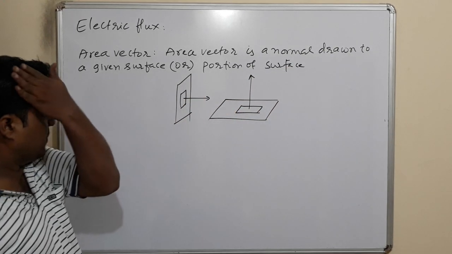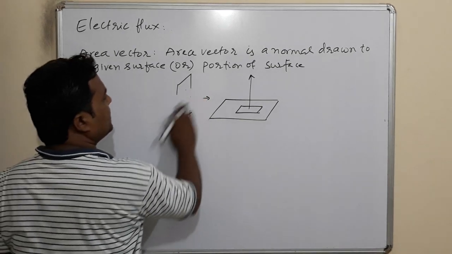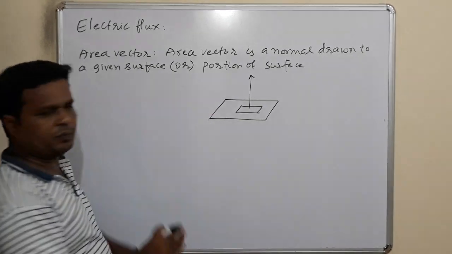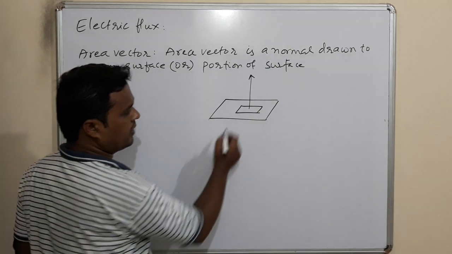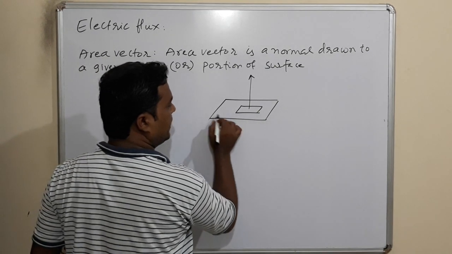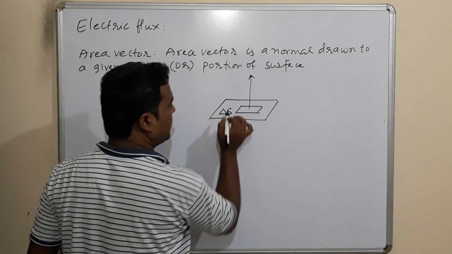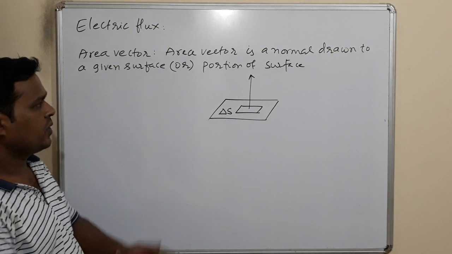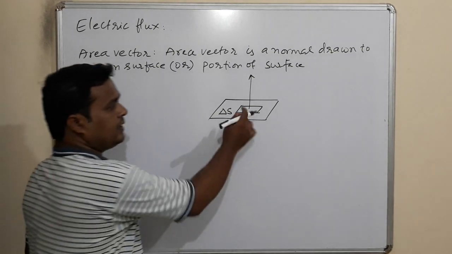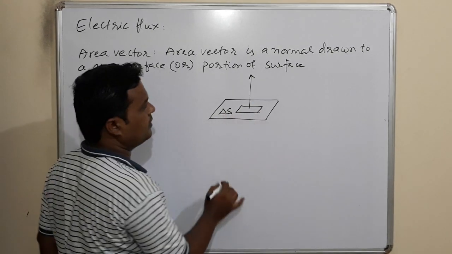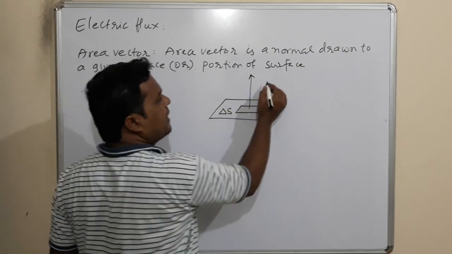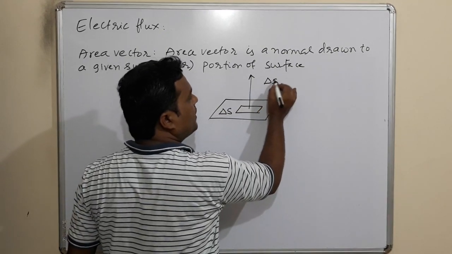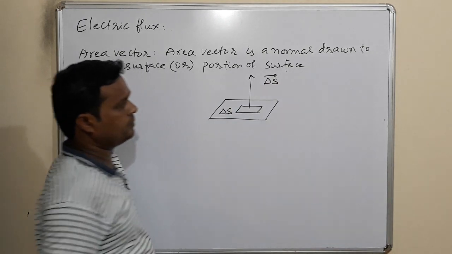Then if I take this as area, let me define what is area vector. The area of this portion selected is delta S. Its area vector is denoted by delta S with an arrow mark.